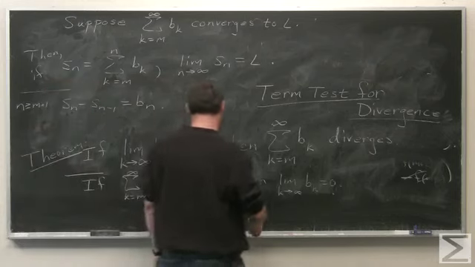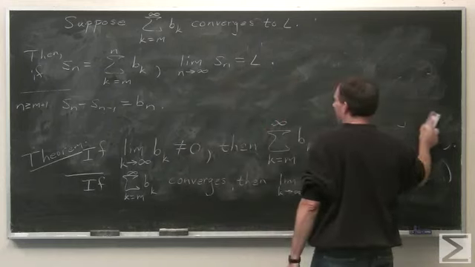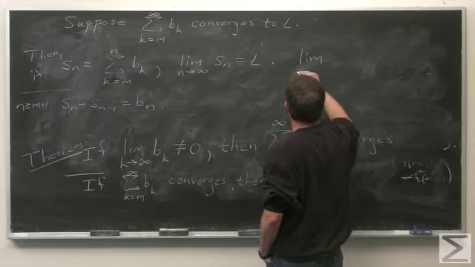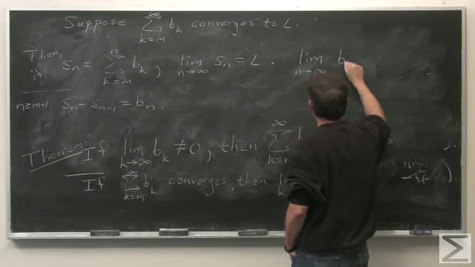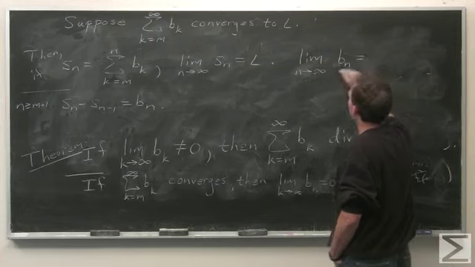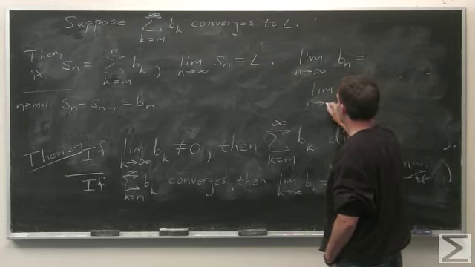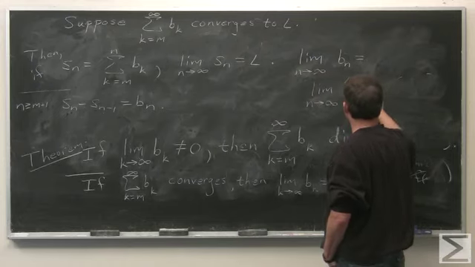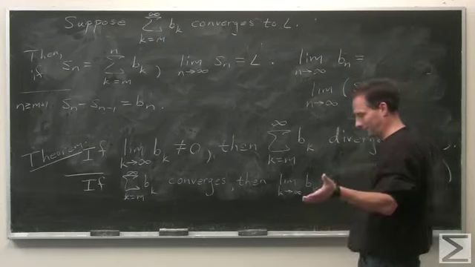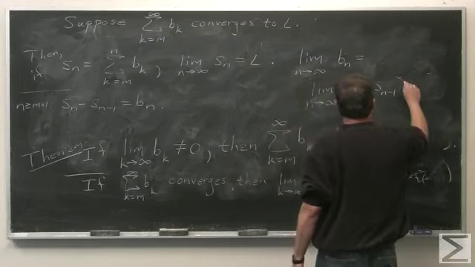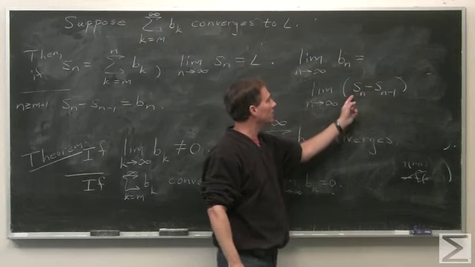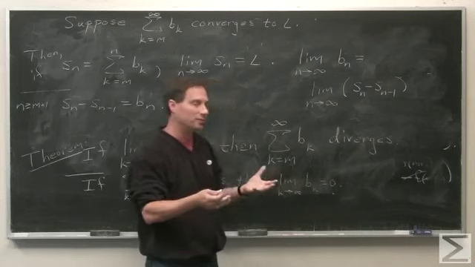All right, what is that? Who cares? We care. Because the limit as n approaches infinity of bn, and the index doesn't matter, you can switch to k's in the end, is the limit as n approaches infinity of Sn minus Sn-1. You add up the terms up to the nth one, but then you subtract all the things you added up to n minus 1, so that just leaves you with the nth one. But remember, if the limit of two things exists, then the limit of their difference exists and is the difference of the limits.